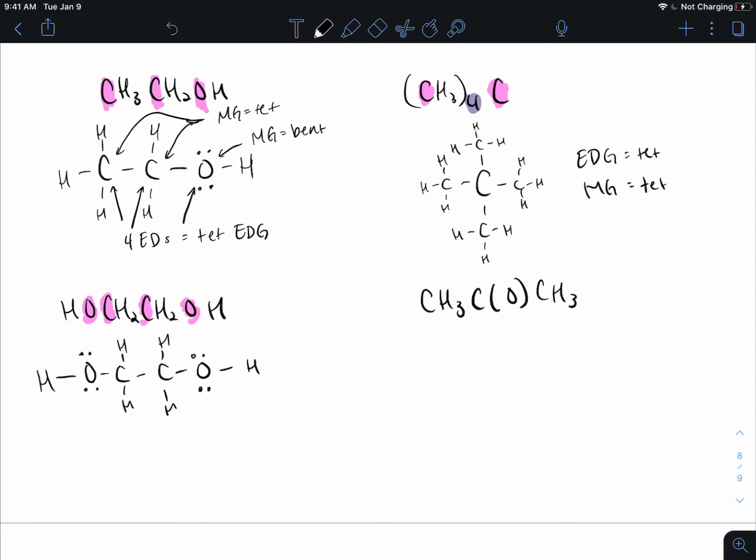And voila. Here, our carbons again are going to have an electron domain geometry and a molecular geometry of tetrahedral, so they'll have 109.5 bond angles. And then our oxygens are both going to be bent molecular geometries, so they're going to have 104.5 degree bond angles.